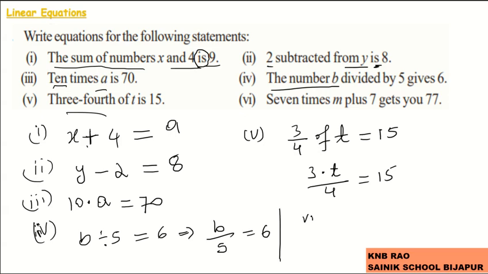In the case of the sixth one, 7 times m, that is 7 into m, plus 7 gets you 77. So this is how we convert the given mathematical statements in ordinary language into equations.